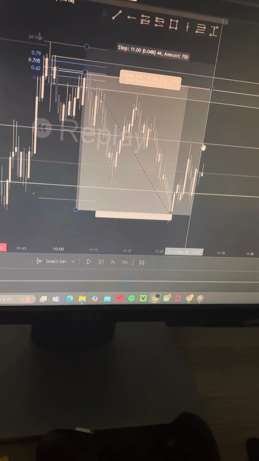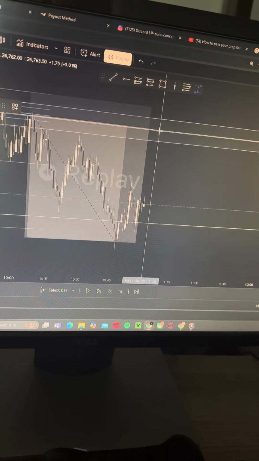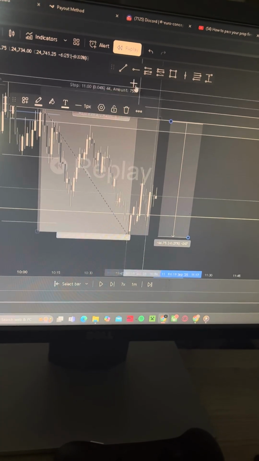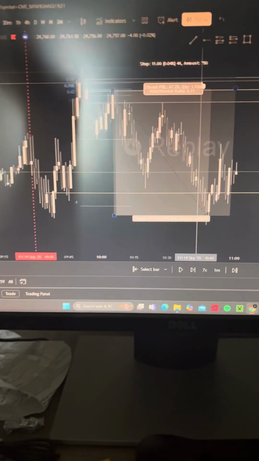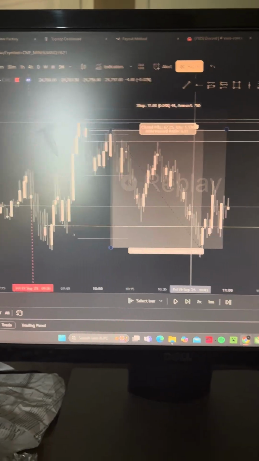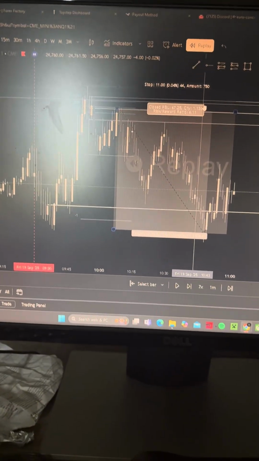And that is what? 67 points. $66, $67. Yeah, that would have played out. I would have had an 11-point, 10-point stop, or put it above the high, whatever. Risk minimal. Would have caught that. And yeah, that's how I would have traded.